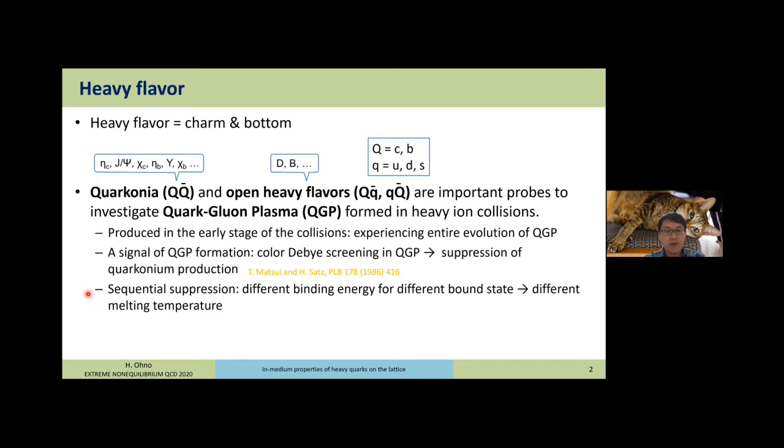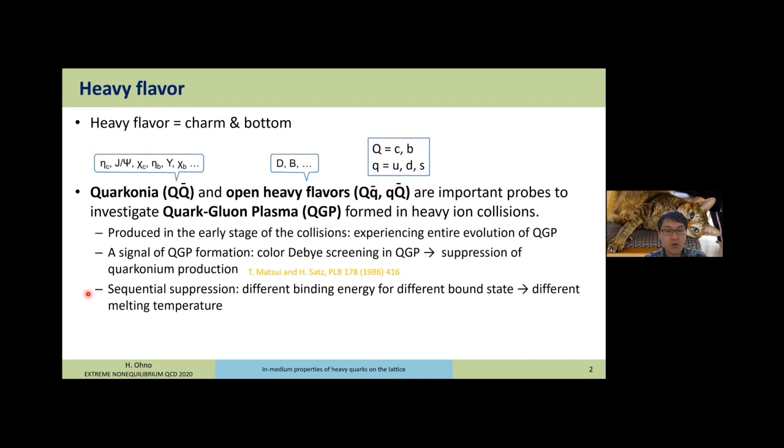These quantities are also very important as a signal of QGP formation, because after QGP formation there should be some color Debye screening, and due to this screening, quarkonium production should be suppressed. So this suppression of quarkonium production is an important signal of QGP formation. It has also already been observed that there should be some sequential suppression of the quarkonium production.